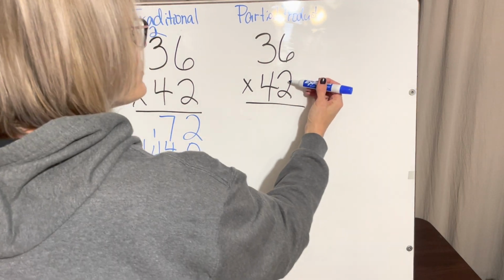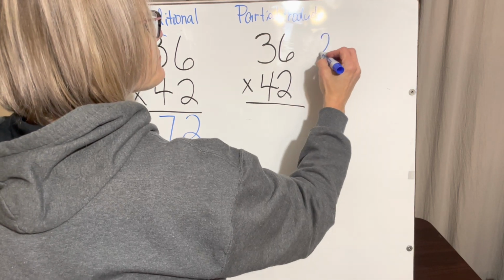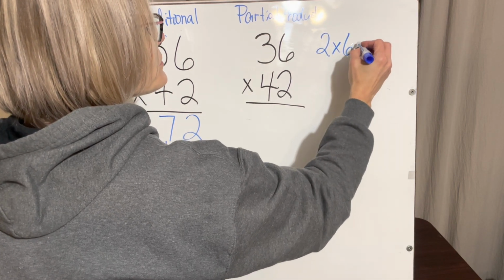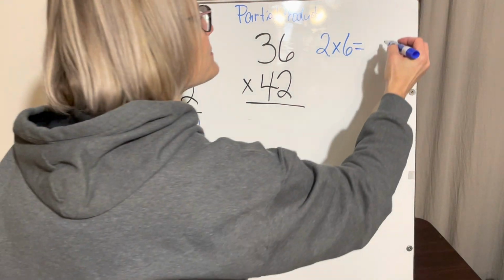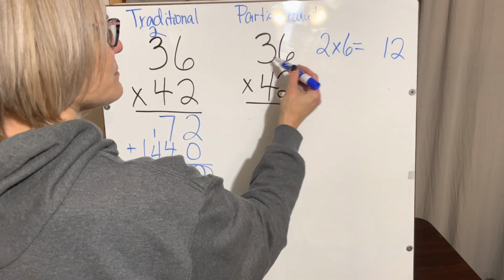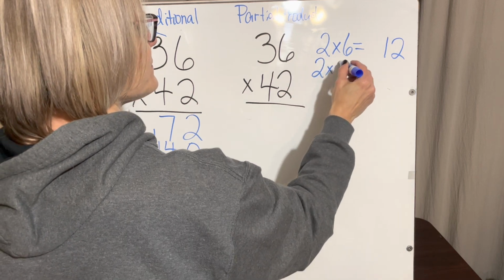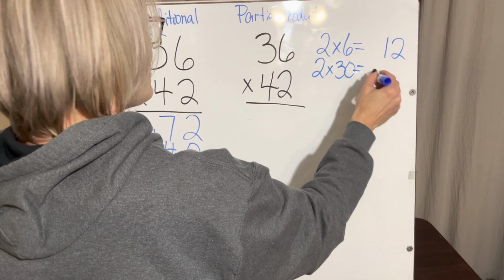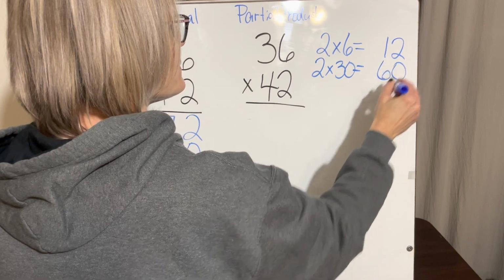So I'm going to start off with 2 times 6. Picking apart these numbers. I like that. That's 12. Then I've got 2 times 30, which I know is 60.